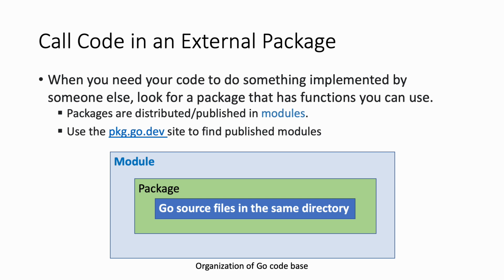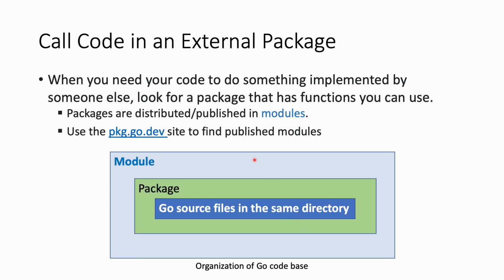Such external packages are distributed or published in modules. You can use the pkg.go.dev website to find published modules whose packages have functions you can use in your own code.